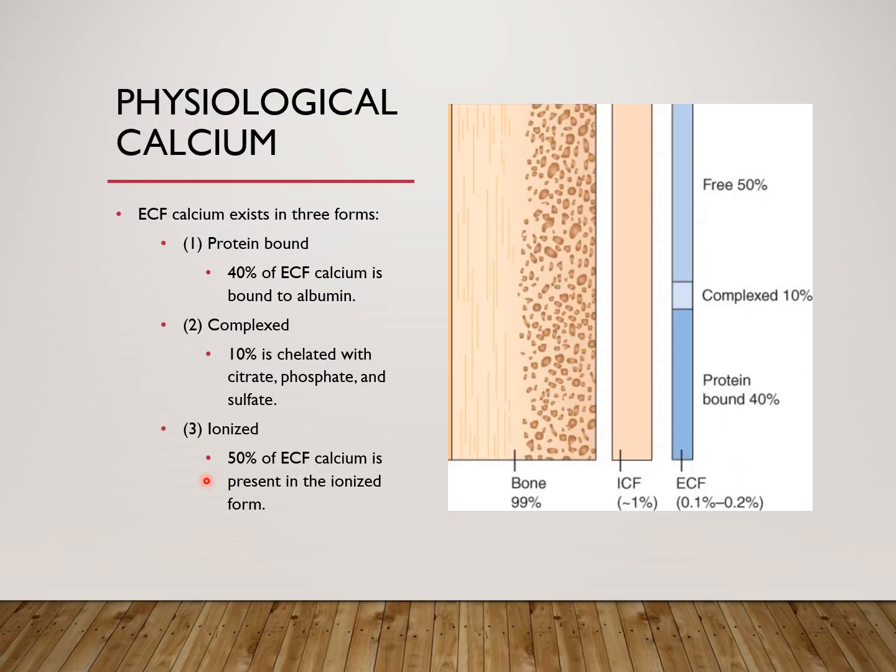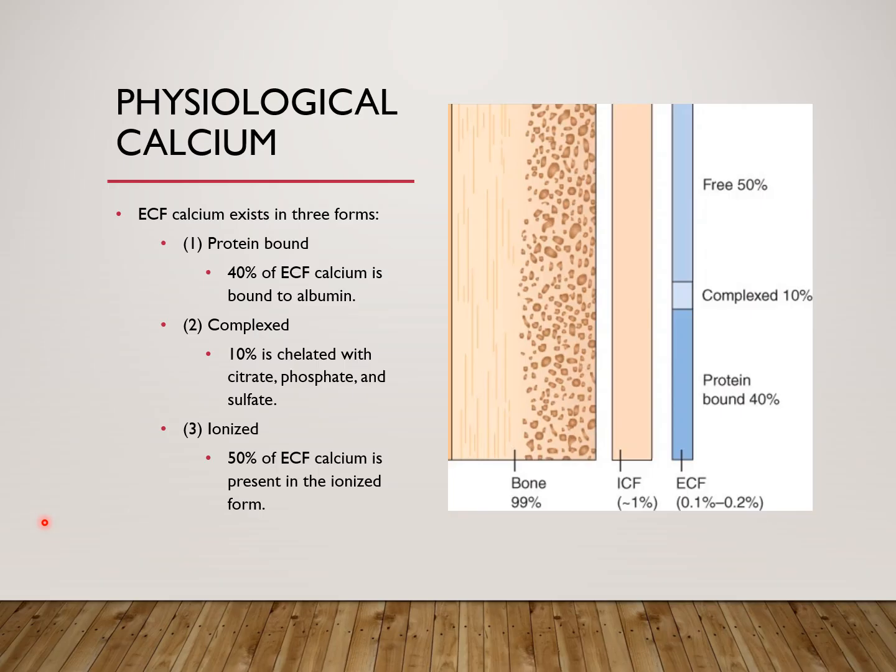There are also several different types of calcium within the body. Calcium often binds to proteins. About 40% of the extracellular calcium is actually bound to albumin. There's also what we call complex calcium, where it's chelated or connected to things like citrates or phosphates or sulfates.